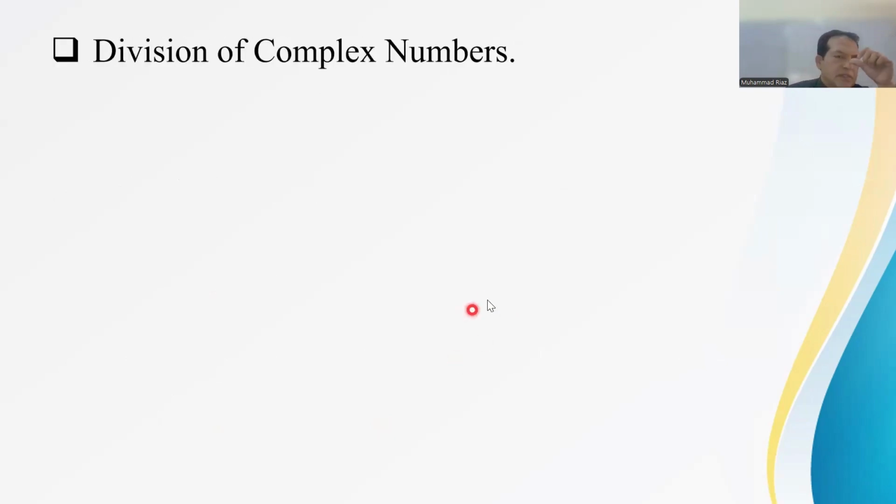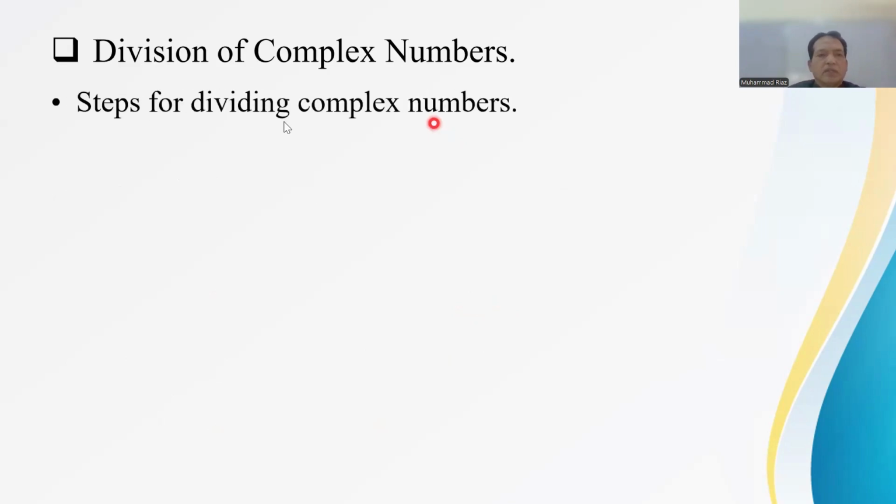The first topic today is division of complex numbers. First of all we discuss the steps for dividing complex numbers.